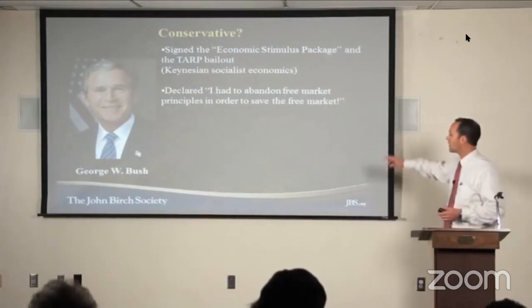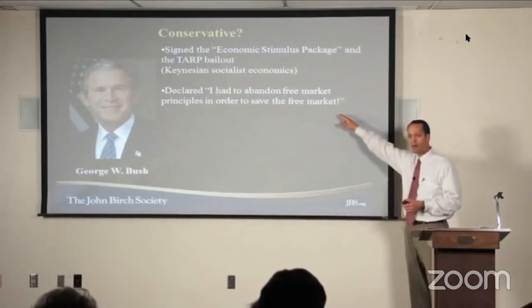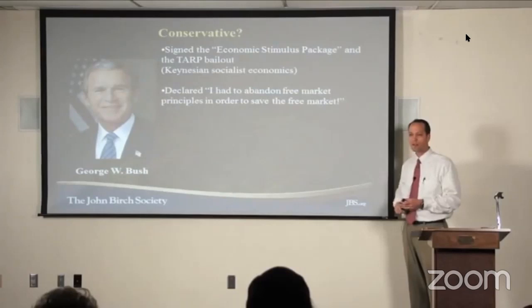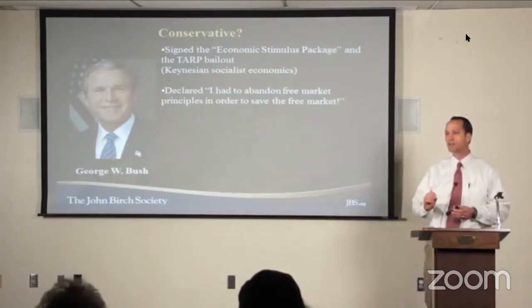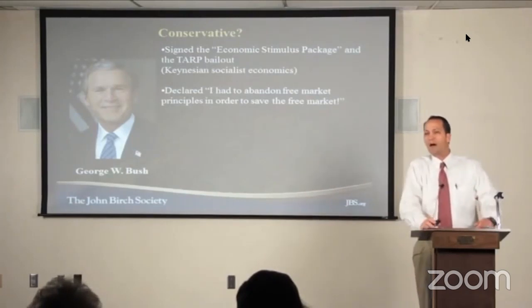Now, I should also point out that he wasn't trying to save the free market because we weren't working under a free market at the time. The problems that we had were caused by government intervention, and were supposed to be solved by, of course, more government intervention.